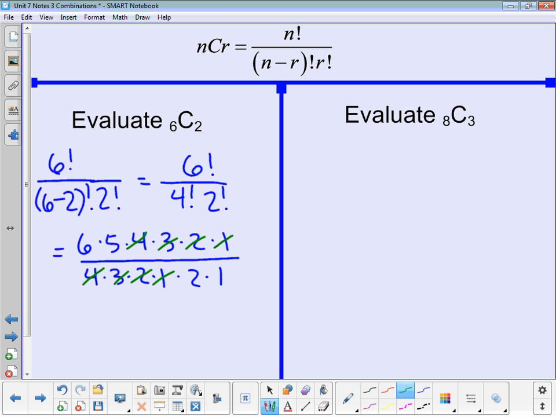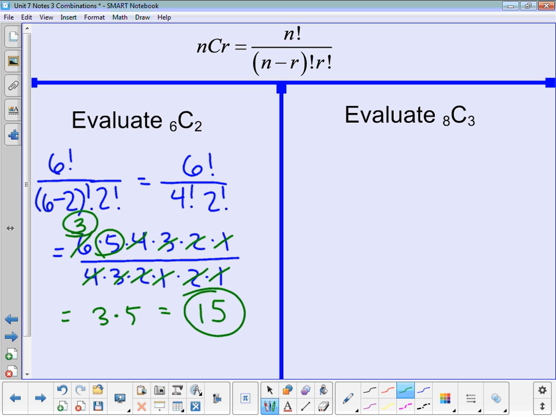I can also reduce. I've got 6 up here in the numerator, and I've got 2 down there in the denominator. If I take 6 divided by 2, I get 3. So I can cancel that out and make that 3. And then we all know that dividing by 1 doesn't do anything, so look at what I have left. I'm left with 3 times 5, or 15.